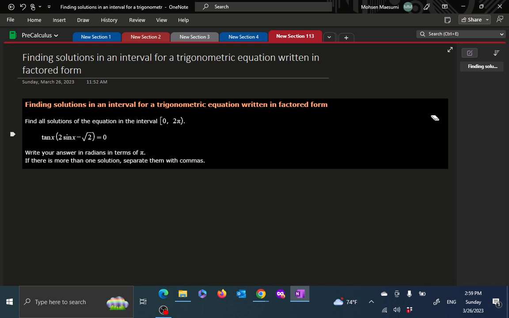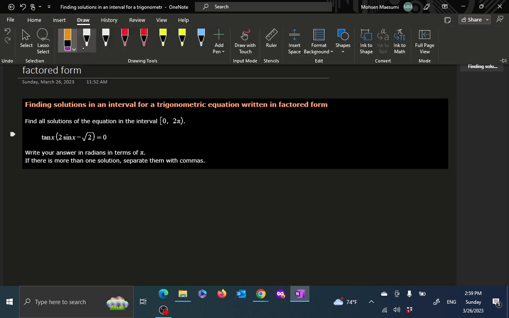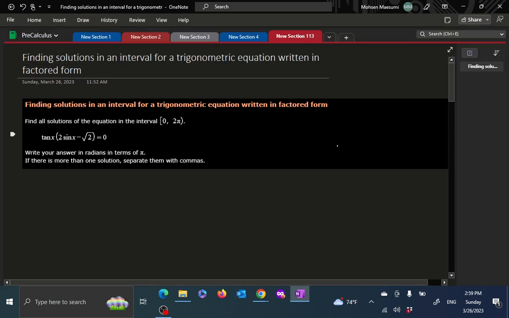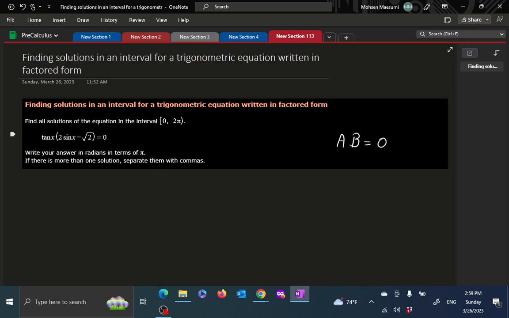The main principle we are going to use in all of these problems is that if you have an item a times another item b equal to 0, either a is equal to 0 or b is equal to 0.